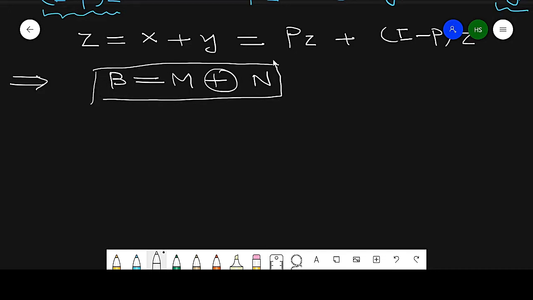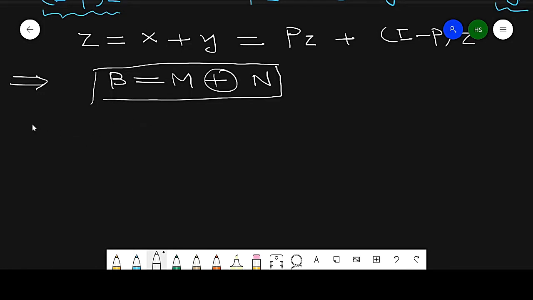And the third part is to prove that M and N are closed subspaces. Now we know that the null space of a continuous linear transformation is closed, as we know.